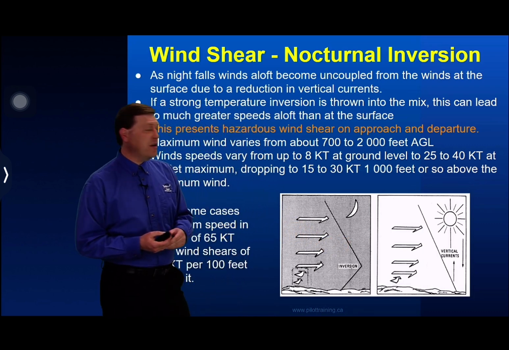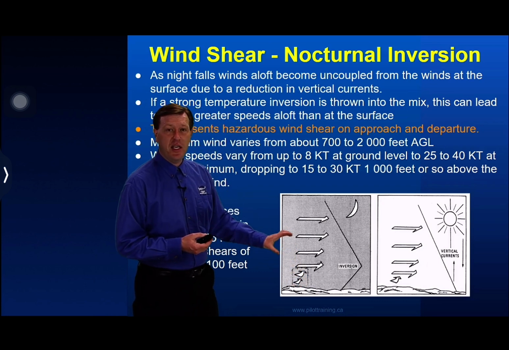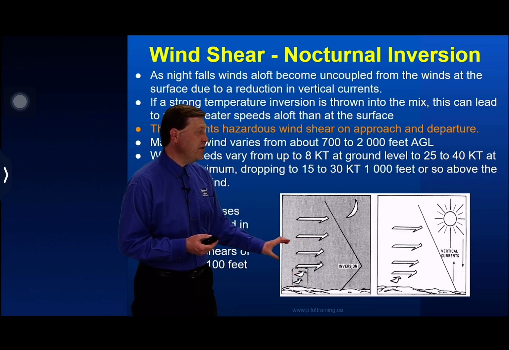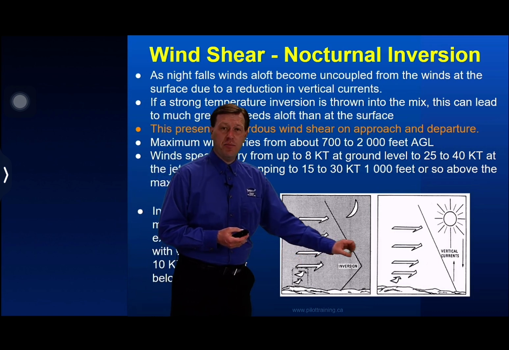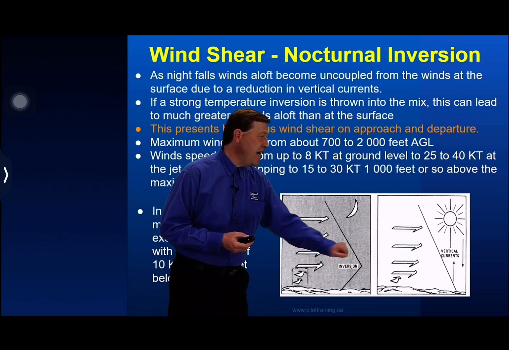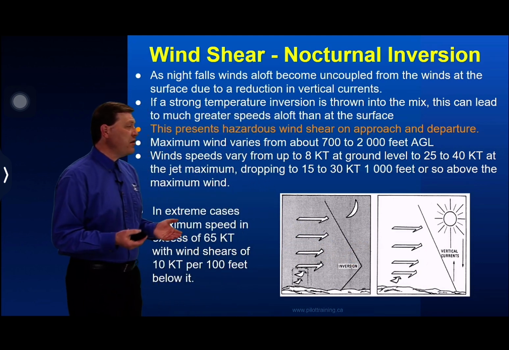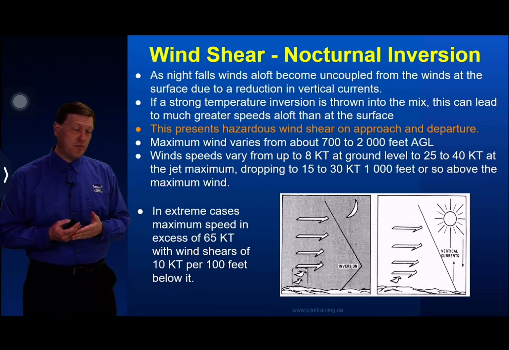But also what starts to happen is the Earth radiates some heat off and up into the higher levels. So that warmth will actually help speed things up as well. So I'll end up with a very fast jet of air, typically, again, 700 to 2,000 feet AGL.